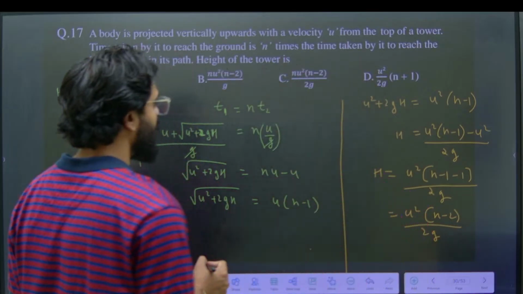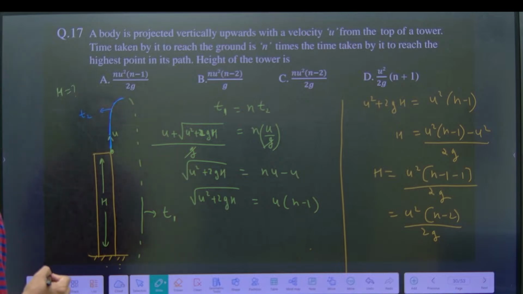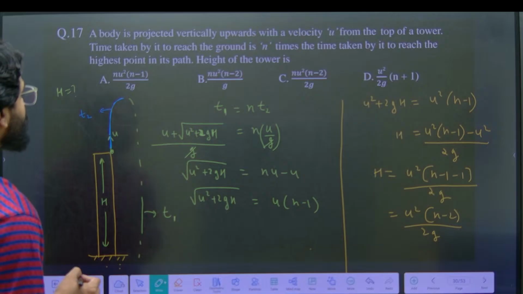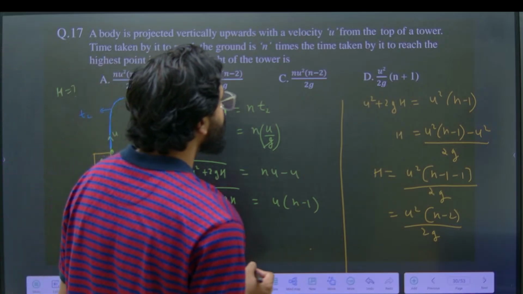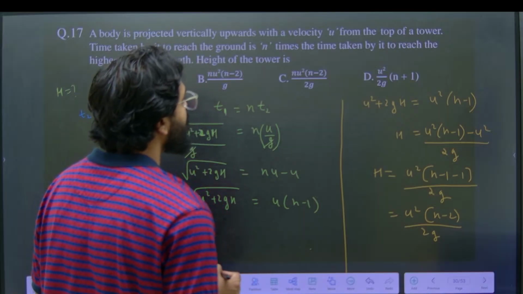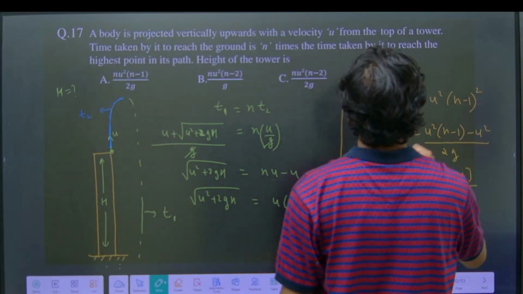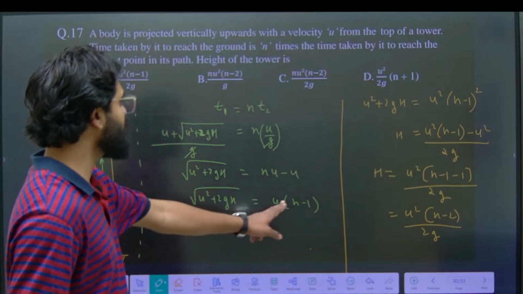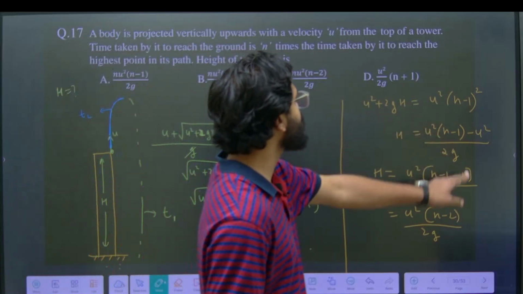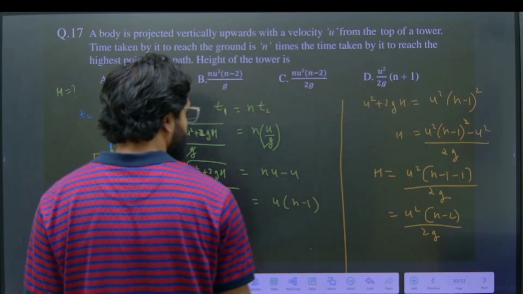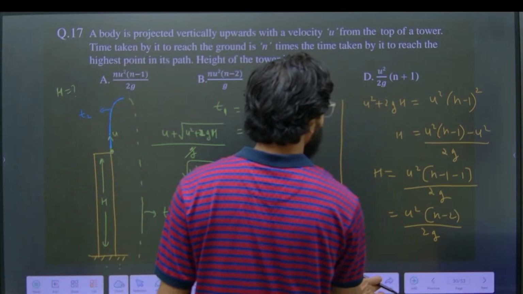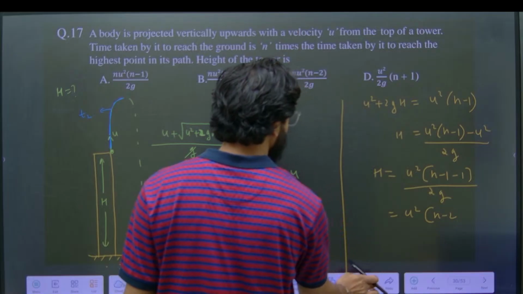Did we make some mistake? Acha, it is squared. When we square this side, then the other side is also squared, so clearly we cannot do it like that. Just a second. Undo.